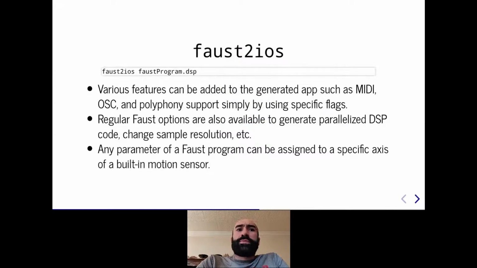So faust2ios works as a command line tool taking a Faust program as its main argument and producing either a ready-to-install iOS app or the Xcode project corresponding to the app in return. Various features can be added to the generated app, such as MIDI, OSC, and polyphony support simply by using specific flags when running faust2ios.